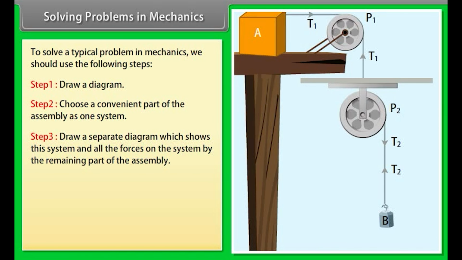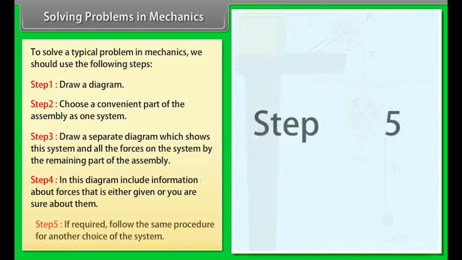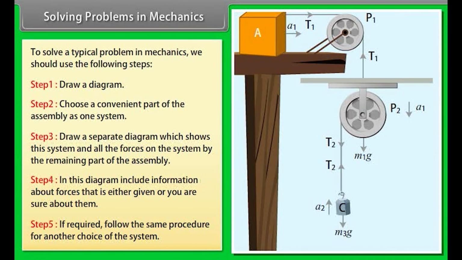Draw a separate diagram which shows this system and all the forces on the system by the remaining part of the assembly. Step 4. In this diagram, include information about forces, that is, either given or you are sure about them. Step 5. If required, follow the same procedure for another choice of the system.